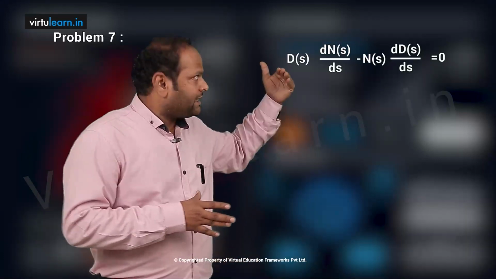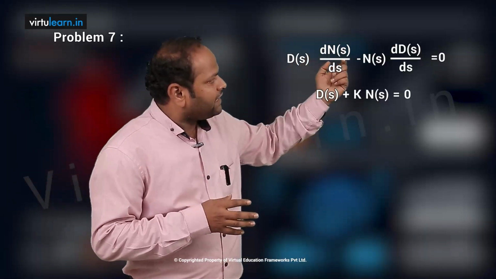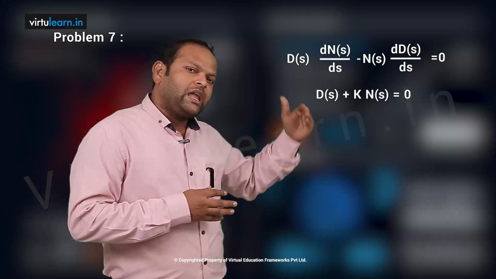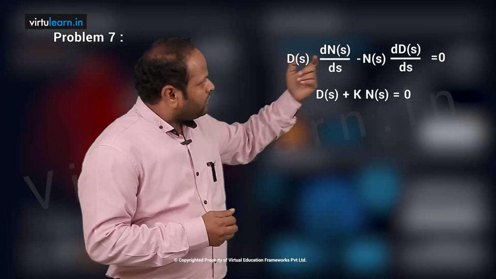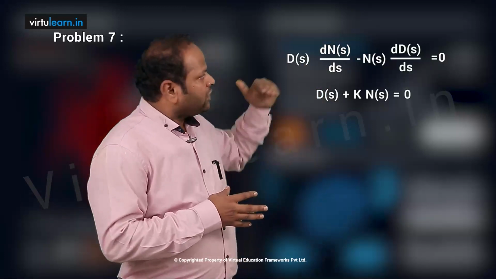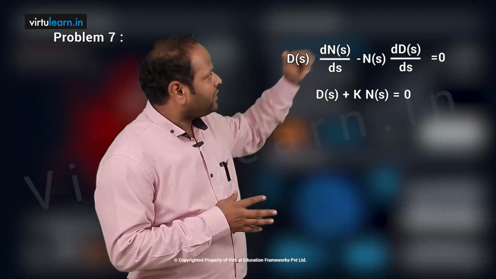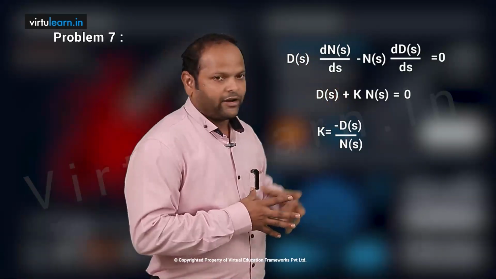Then again we take the characteristic equation: D of s plus k into N of s is equal to 0. What I need to show is whether the dk by ds equal to 0 equation is the equation of the breakpoints or not. So before that, let us find k. From the characteristic equation, k is minus D of s by N of s.